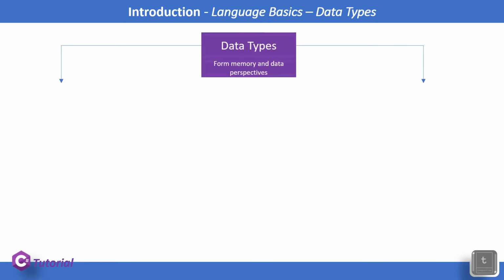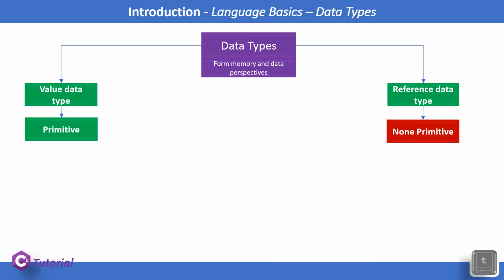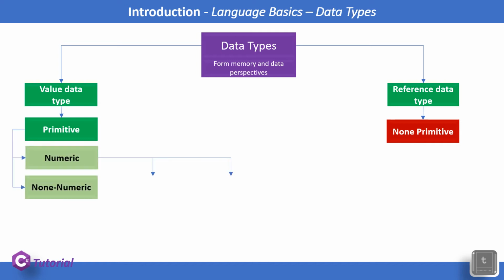Let's have a look at this workflow for the C# data types from the memory and data type perspectives. As we can see, we have value data type and reference data type. The value data type has primitive types, and the reference data type has non-primitive types. The primitive type has numeric and non-numeric. The numeric has two categories: integer and floating point.